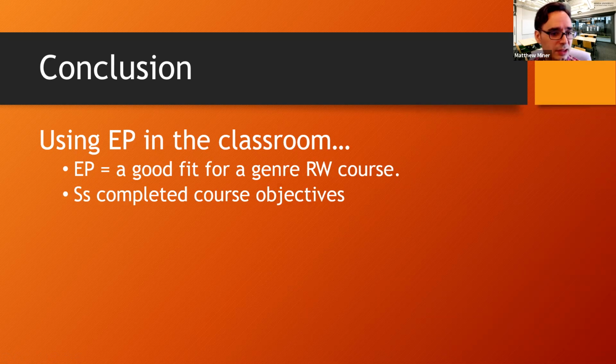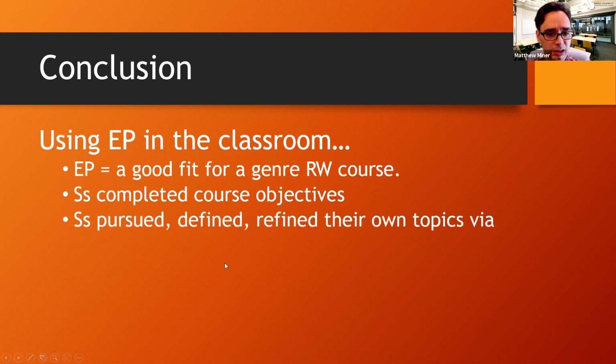And all of the students completed the course objectives satisfactorily in terms of the department expectations for them to master certain grammar and genre conventions. All of the students did so. You know, some more successful than others, of course, but we felt that it gave the chance for students to pursue and define and refine their own topics by using this writing cycle, right?